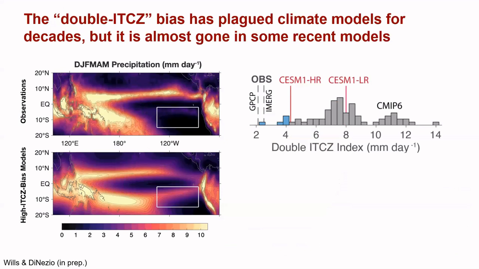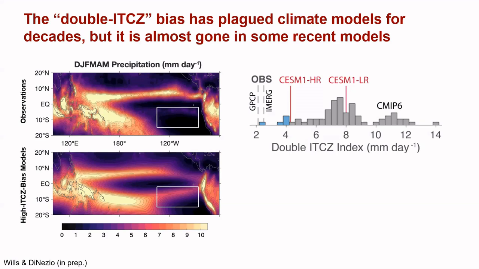So this was all in one model, but I want to show you some evidence that this also holds across other models using the CMIP archive. Because while this double ITCZ bias has been around in CMIP models for a long time, there are some in CMIP6 that are doing quite good.